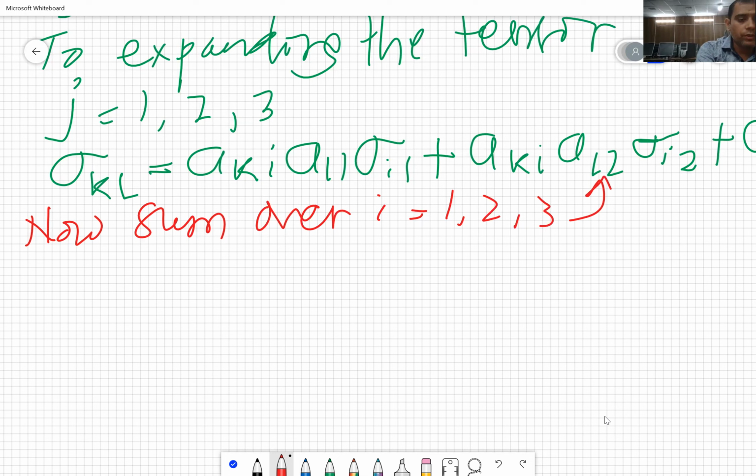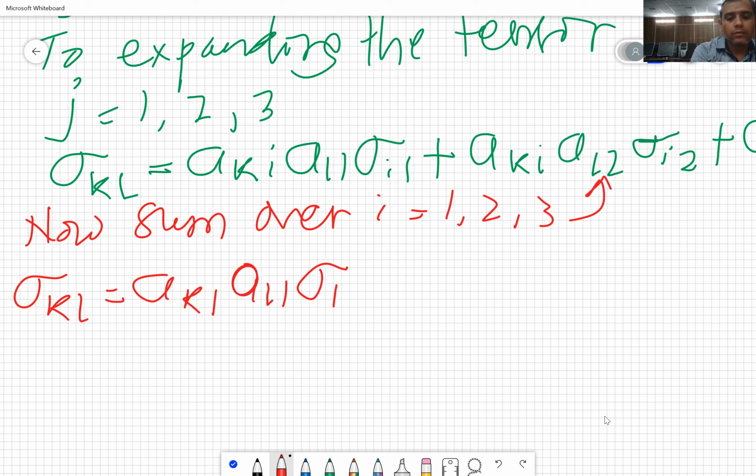So the equation could be written as sigma KL equals A K I, is equal to 1, A L, sorry, this is A L 1 sigma 1 1 I, you are putting I is equal to 1.